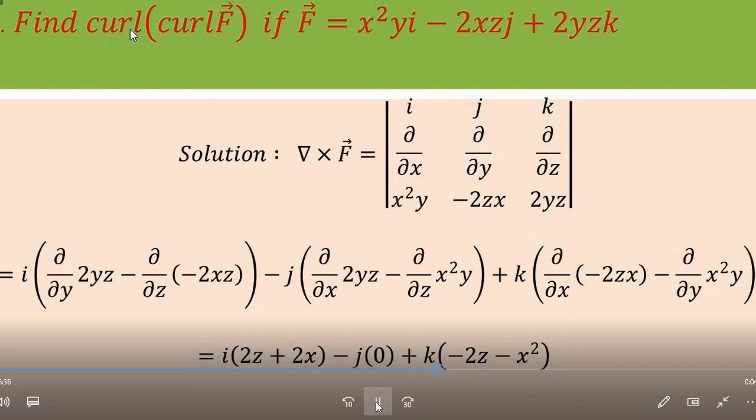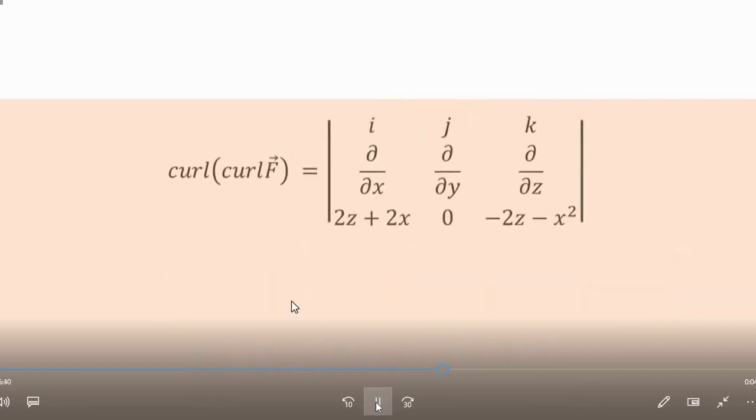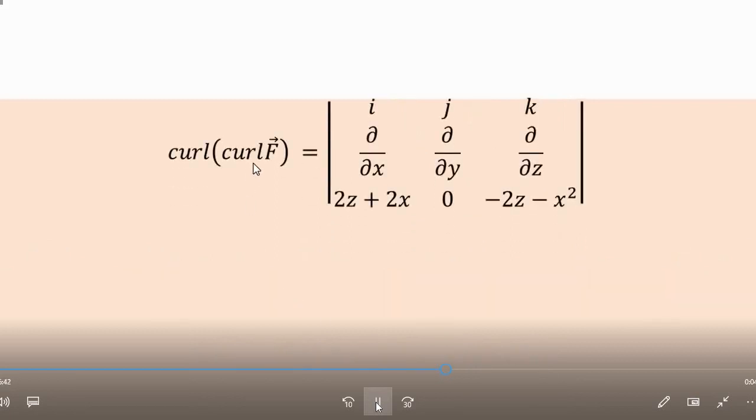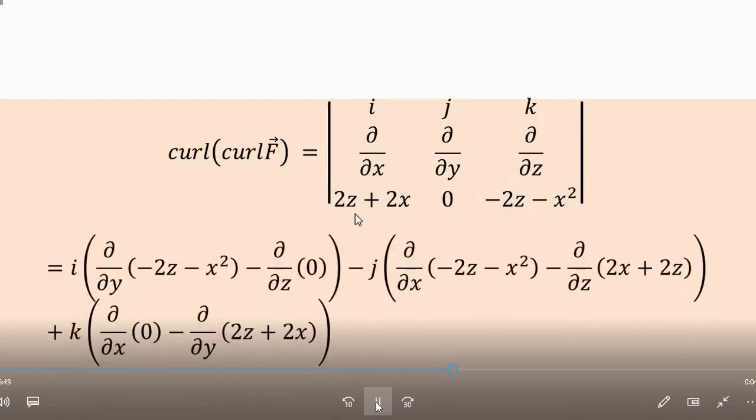Now again one more time we have to find the curl for this resultant vector. So in this one, curl f, the previous function we are considering, that is 2z plus 2x, 0, minus 2z minus x square, the coefficients in that function.